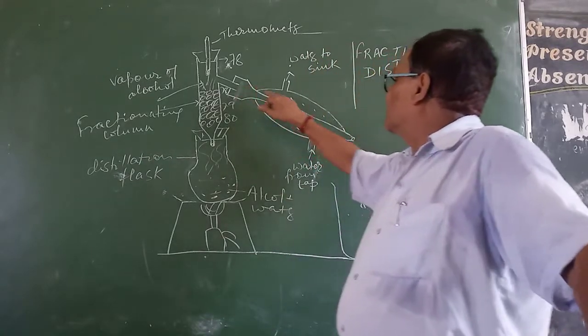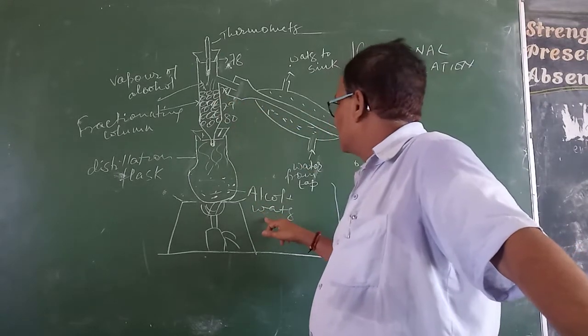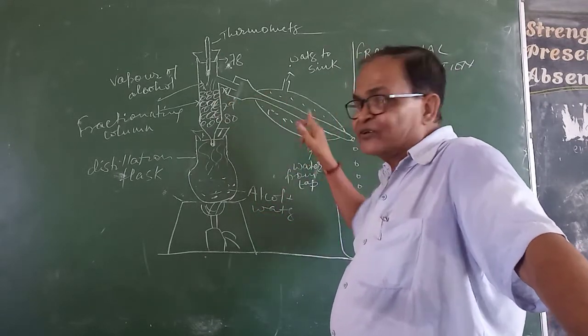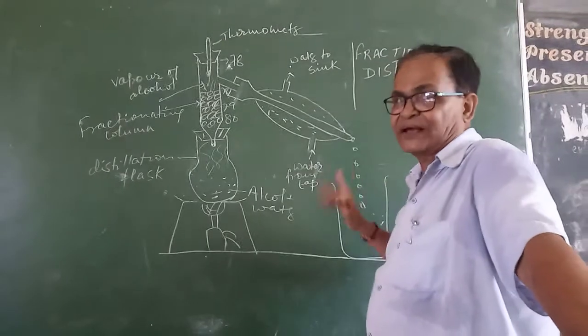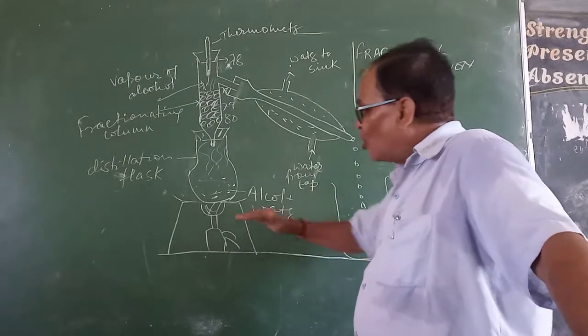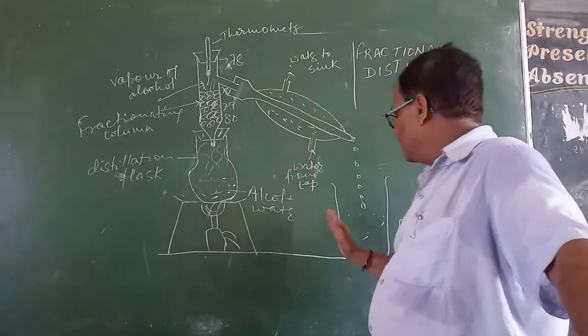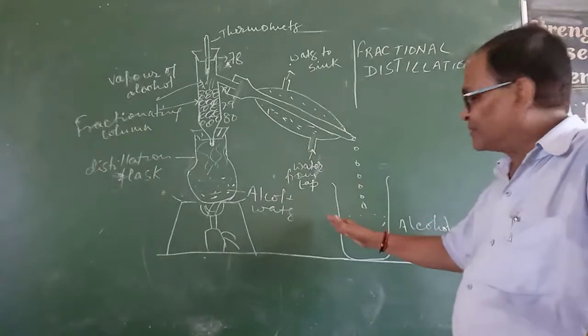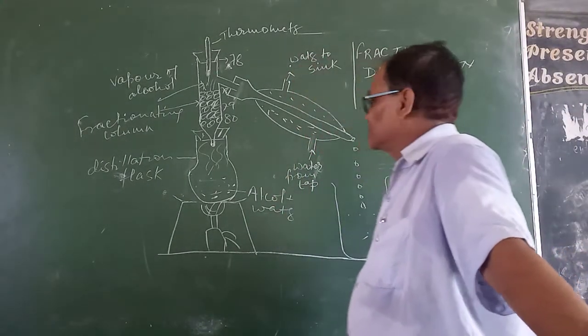In the water condenser, the vapors of alcohol get condensed and are collected in another beaker as the first fraction. When all the alcohol is separated out by this process, we place another empty beaker to collect water as the second fraction.